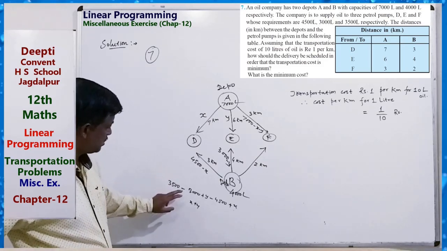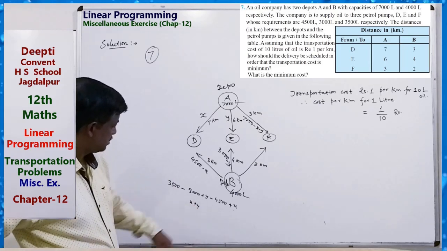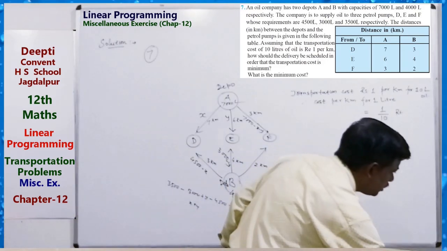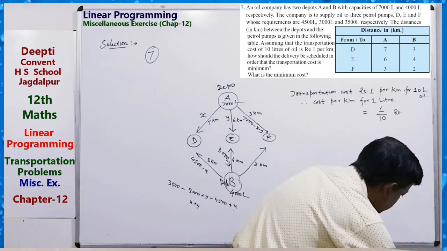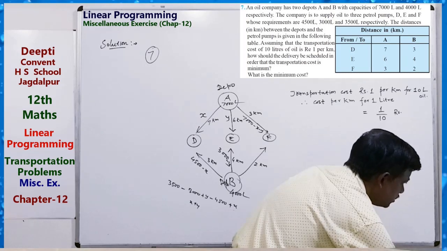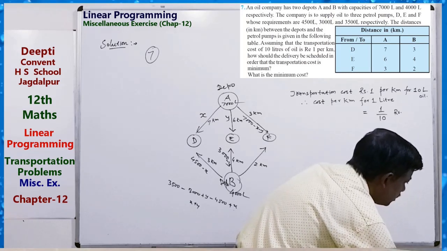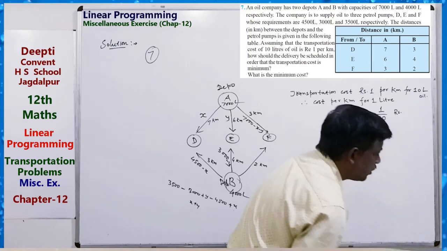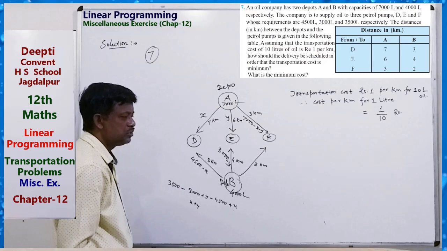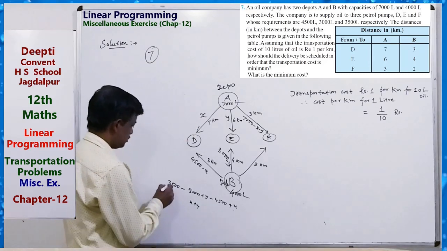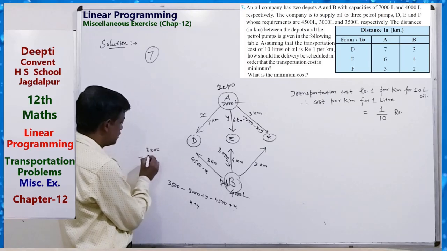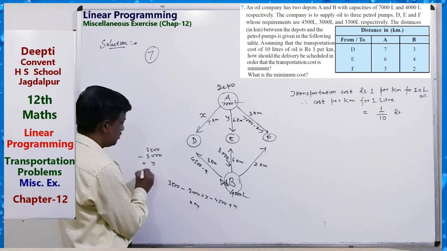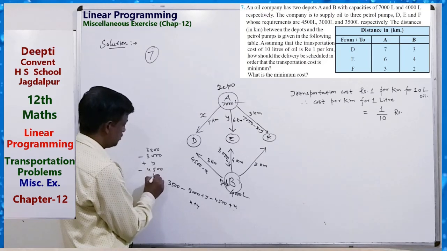It is required, so this minus this. 3500 minus 3000 plus y minus 4500 plus x. So x plus y.